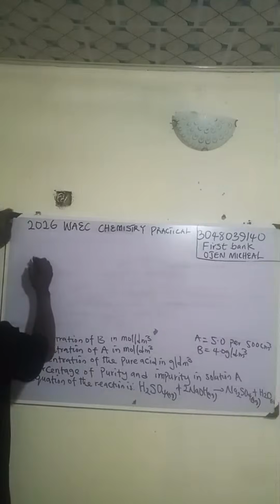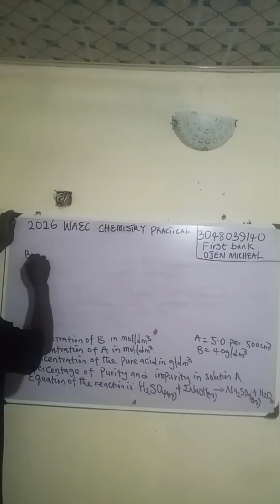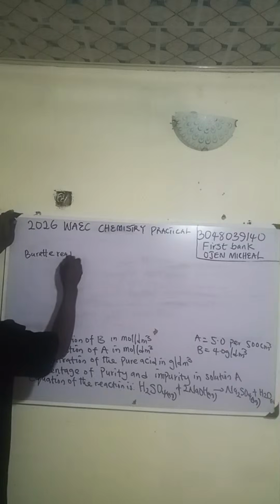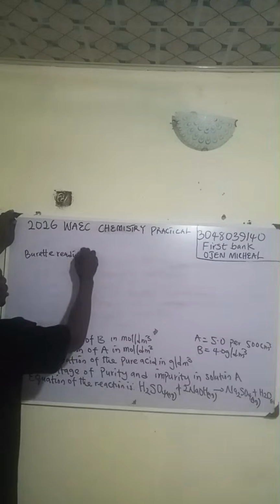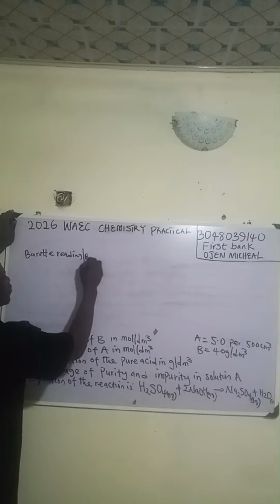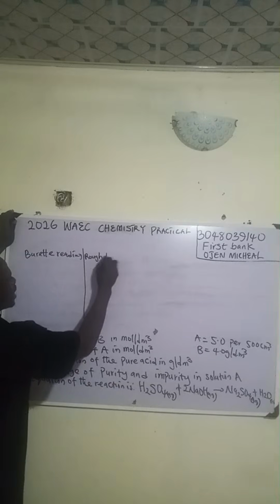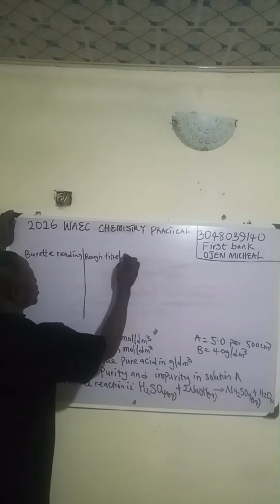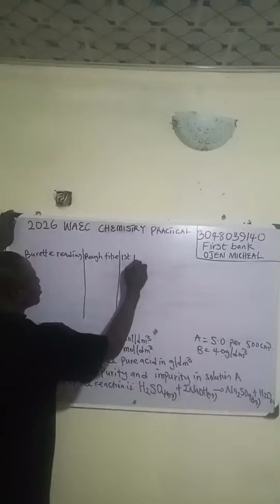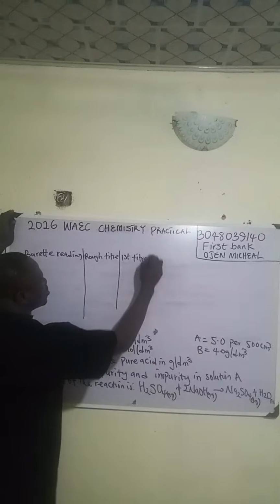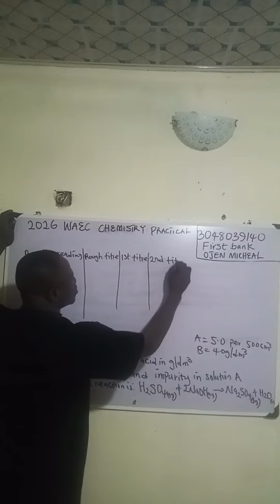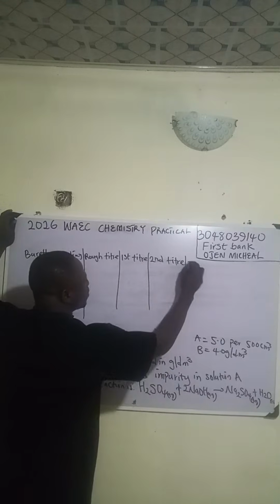Now the table is, you have to write your burette reading. We have our rough titre, as the case may be. We have our first titre. We have our second titre. We have our third titre.